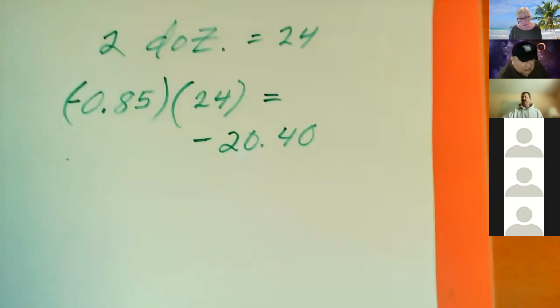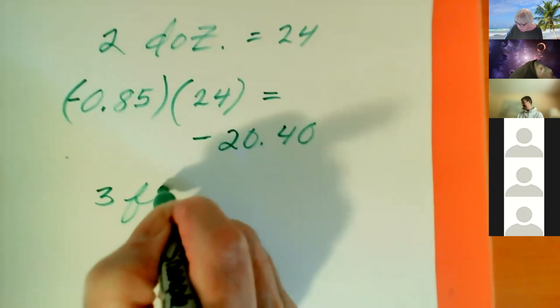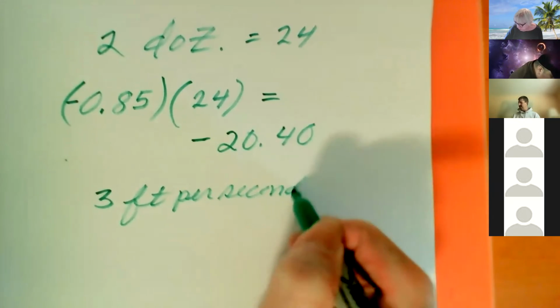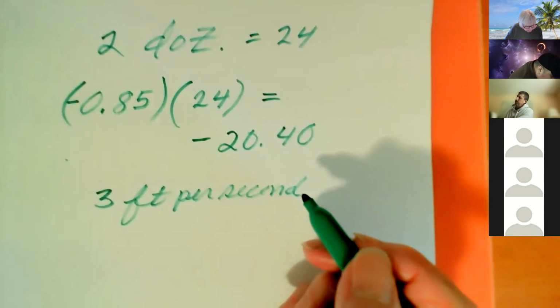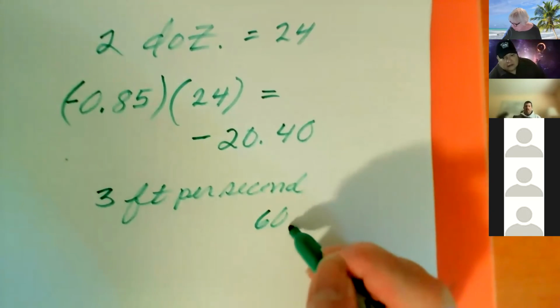Suppose, here's another one. This is about a diver. Suppose an ocean free diver descends at a rate of 3 feet per second. What negative number represents the diver's depth after 60 seconds?